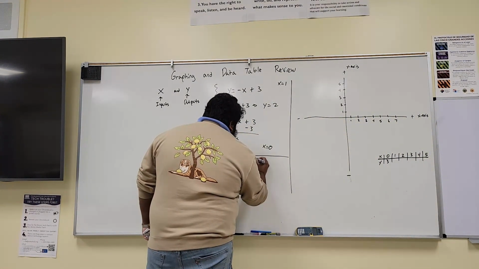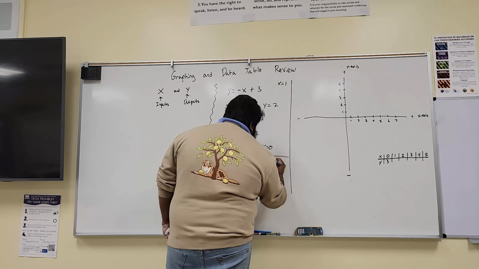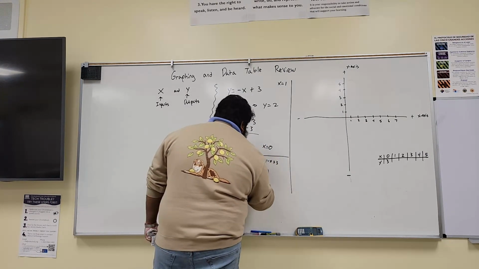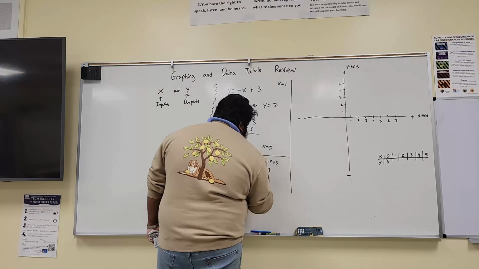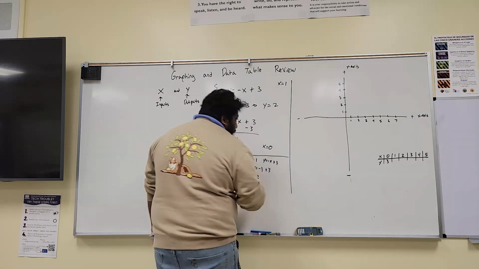Now we say x is equal to 1. All right, we still have the same equation. But now for those x's, we're going to replace that with a 1. So now y is equal to negative 1 plus 3. Y is going to be equal to 2.